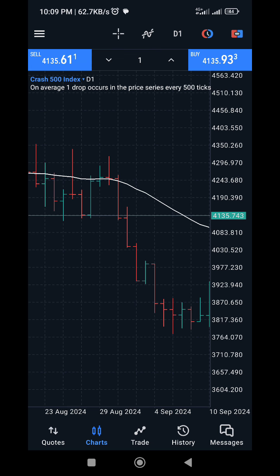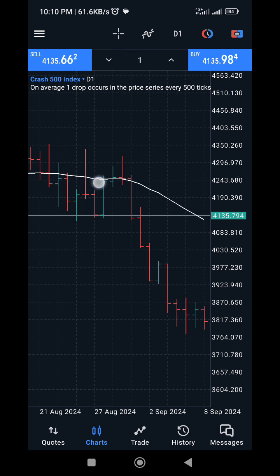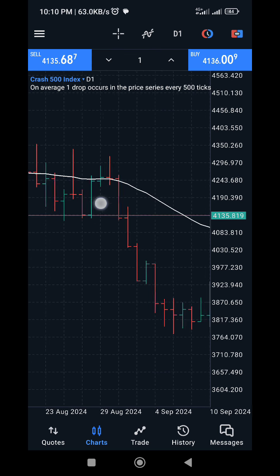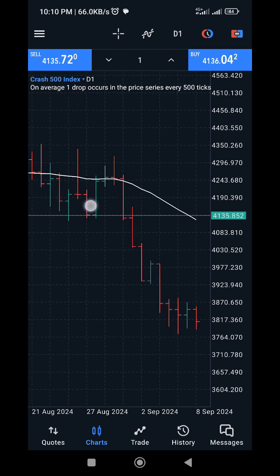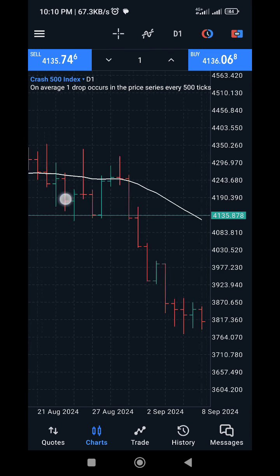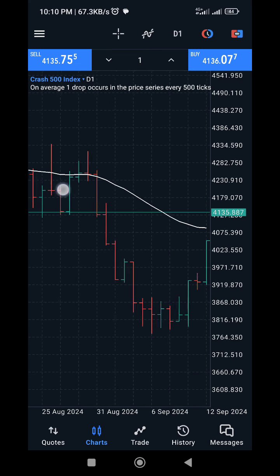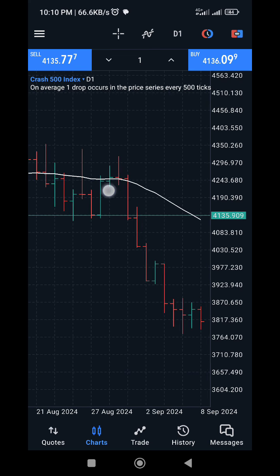Look at the price. You can see this green bar, price tries to go up because here is a good flow. Now it goes to this barrier, and price closed below the barrier.